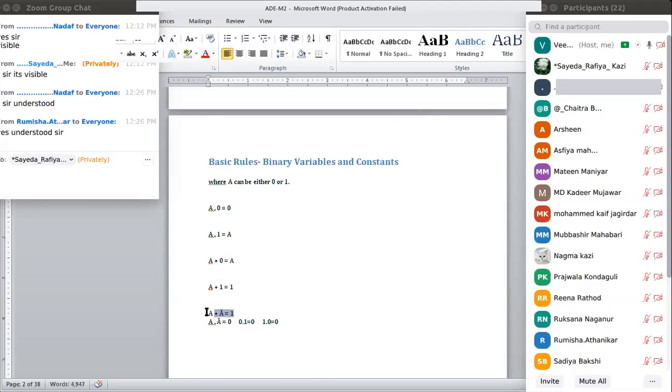Then A plus A bar, see here it is a NOT gate. Now A plus A bar is always 1. How come it is possible? Let us see. This is A, this is A bar.